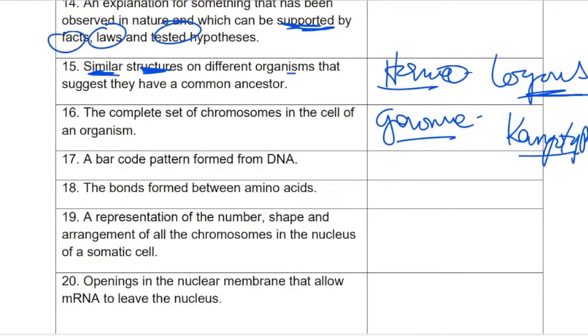A barcode pattern formed from DNA is DNA profile. Then the bond formed between two amino acids. Guys, this bond is called the peptide bond. Please take note of this. We don't have what you call polypeptide bond. It's peptide bond. If there are many bonds, we call them peptide bonds. We only add the word polypeptide if we are talking about a chain.